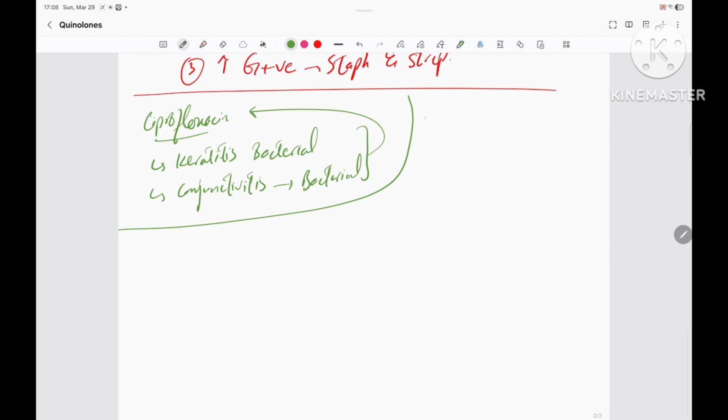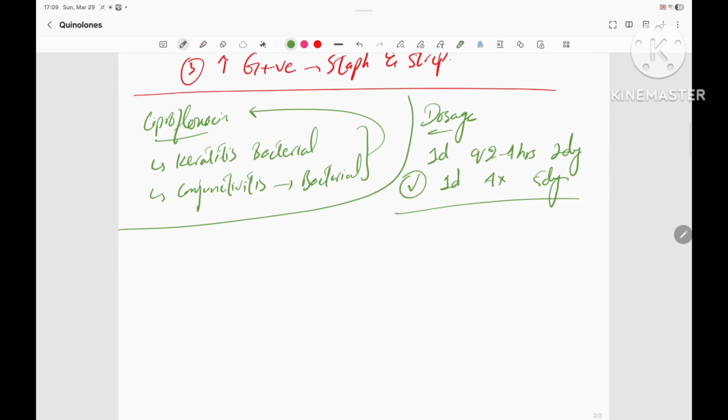What about dosing? Well, 1 drop every 2 to 4 hours for 2 days. And if there is improvement of the symptoms, then 1 drop 4 times a day for 5 days, just like gentamicin and tobramycin. This is the dosage for severe bacterial conjunctivitis.